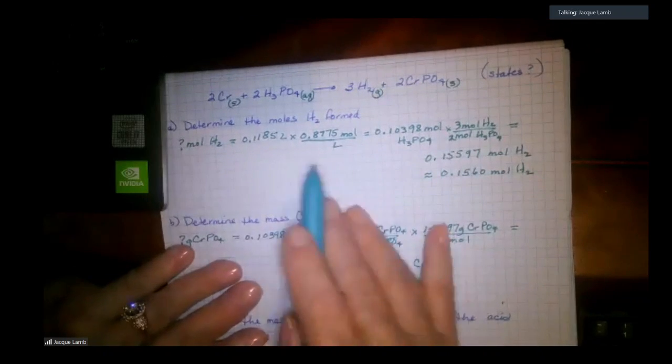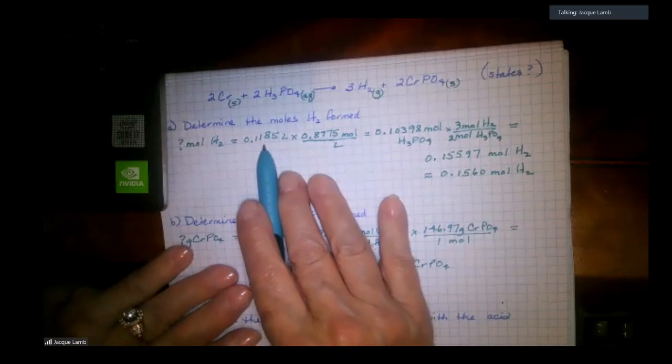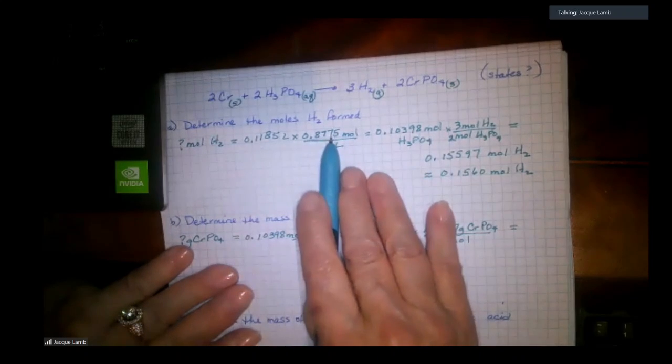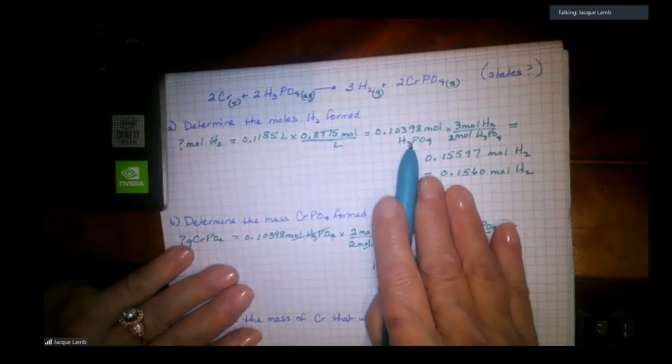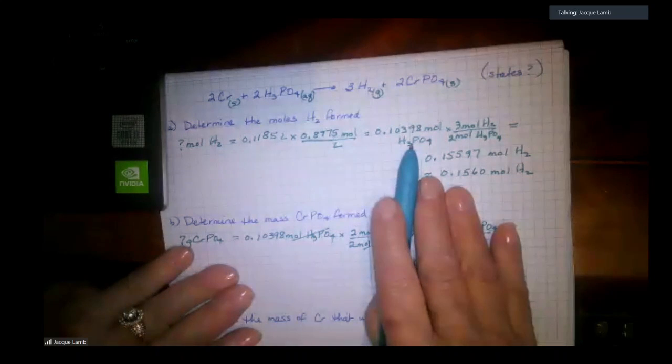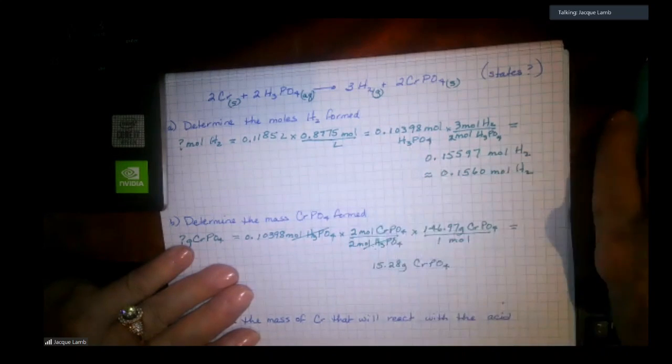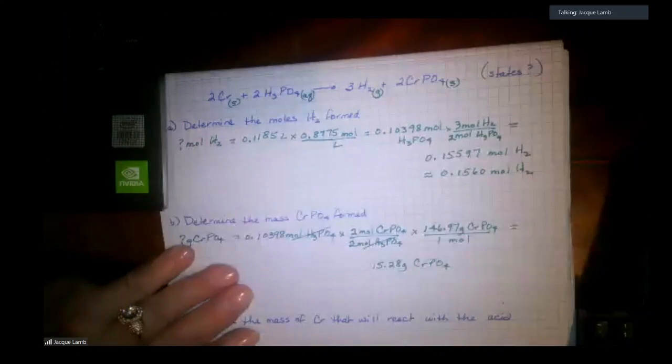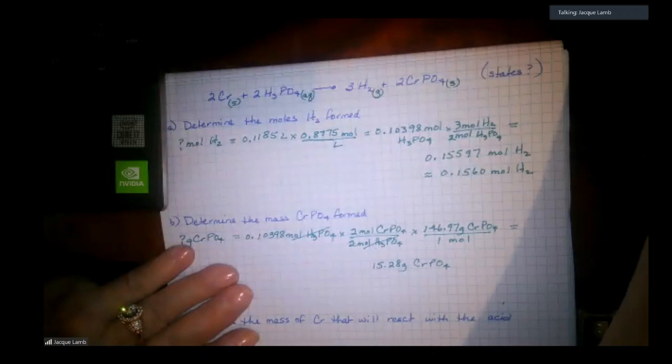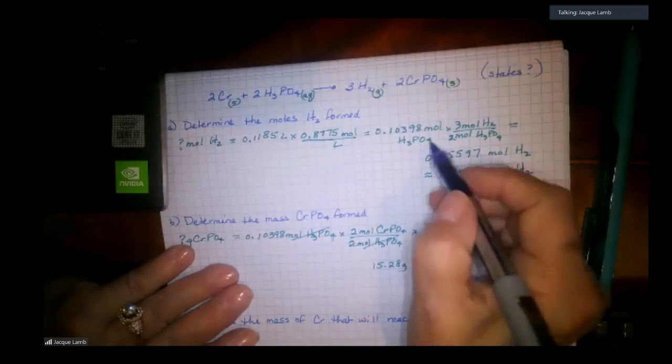Excuse me? Where do you get 0.10398? I got that from here. When I calculated the volume times molarity, I figured out how many moles of phosphoric acid were put in this reaction. So I'm going to carry that through.